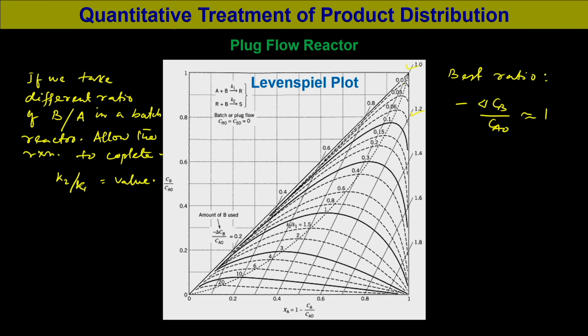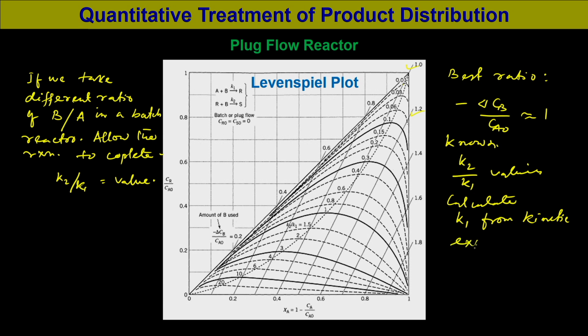So, with known K2 by K1 values, what we need to calculate is K1 from kinetic experiments.